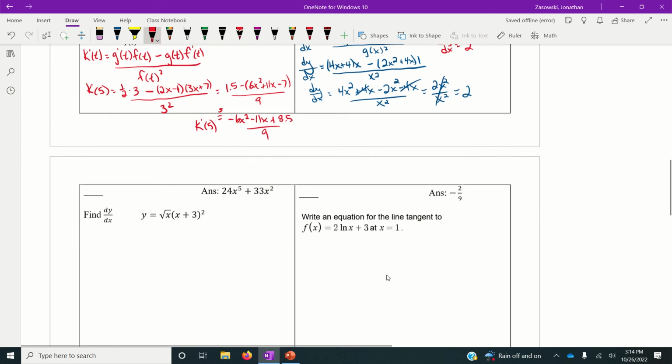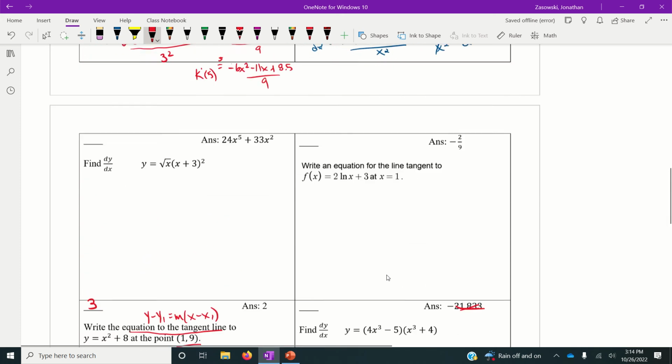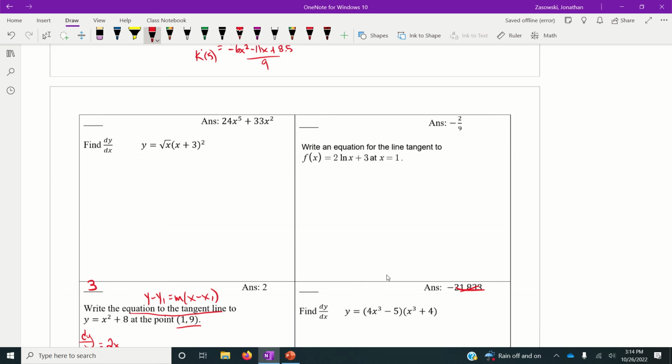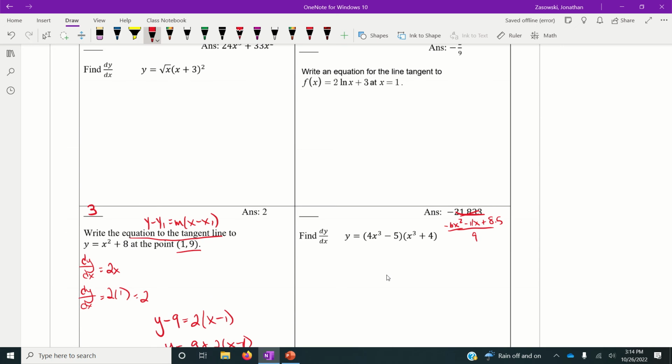So that answer is this guy. So that's that one, negative 6x squared minus 11x plus 8.5 all over 9. All right, and that is number 6.